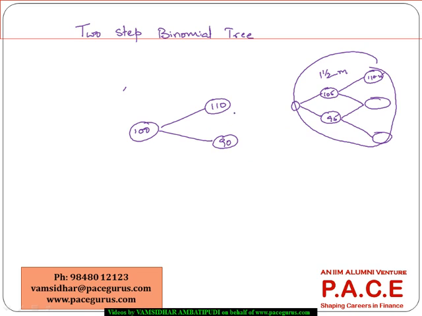Because here I talked about a 5% increase and again a 5% decrease, or probably a 5% decrease and a 5% increase. So this could be either on 95 there could be a 5% increase, it can go to something, and at the same time it can come to this, and after that we'll talk about a call option.